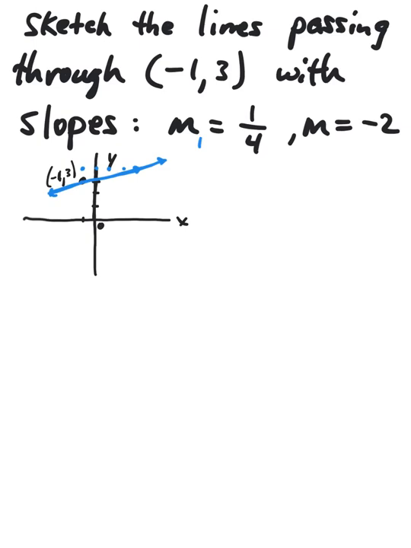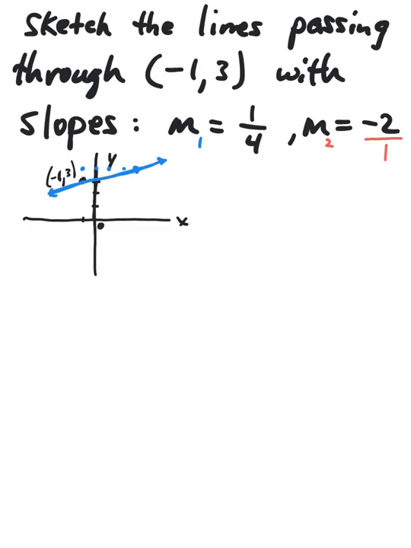The second slope we're asked to use when we draw a new line, and I'm going to do it in red, is -2. Now since -2 is equal to -2 divided by 1, that gives us a horizontal change that we can count off.